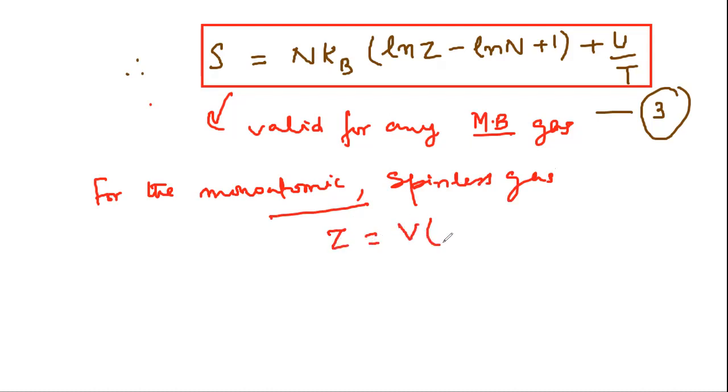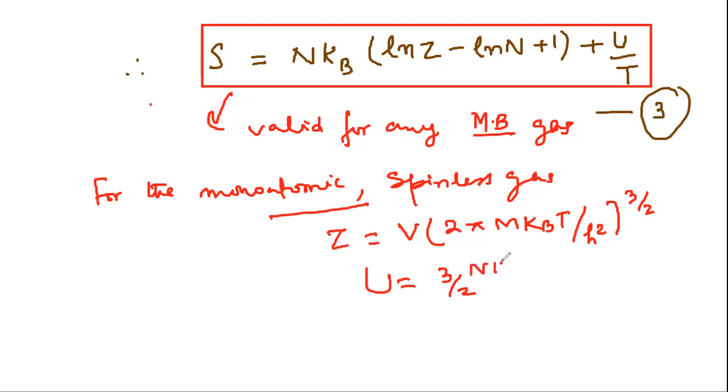V times 2 pi m kBT by h square raised power 3 by 2, and this U is 3 by 2 N kBT.